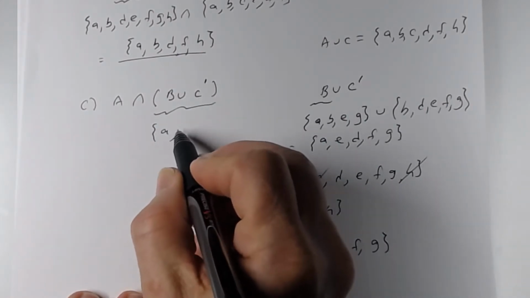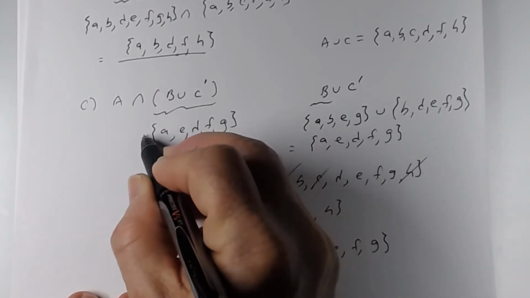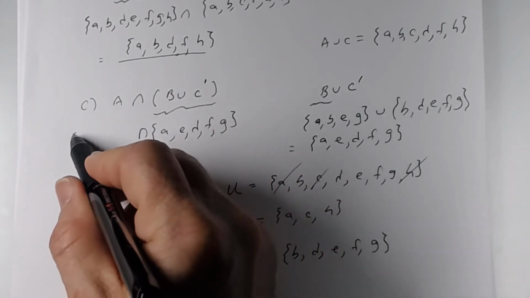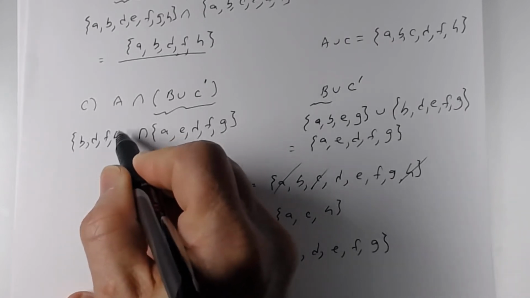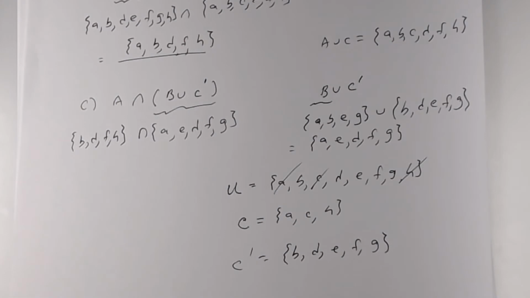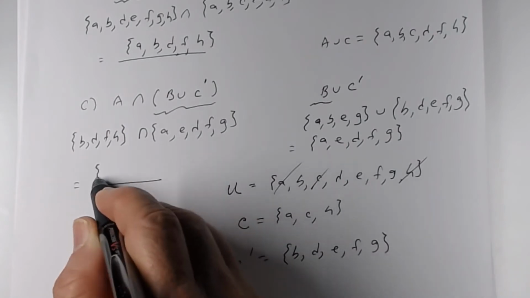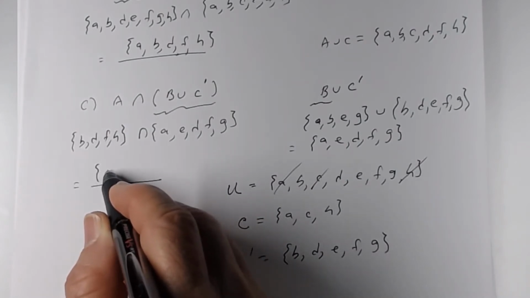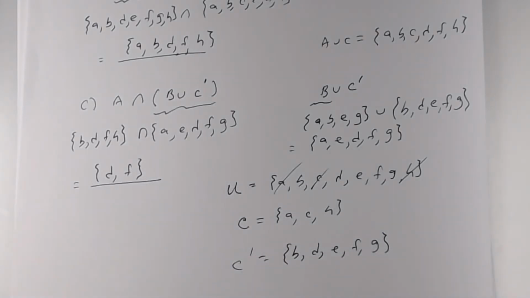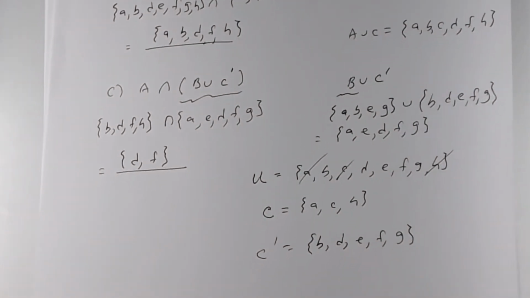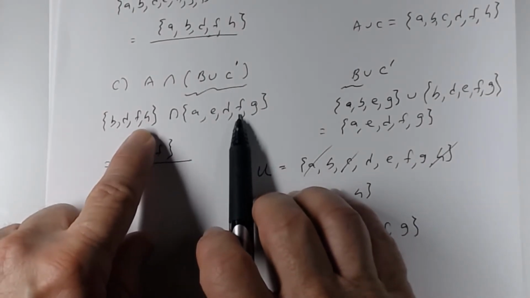But I need to intersect it with A. Well, what's set A? B, D, F, H. And so the answer to the original problem is what? Looks like just D and F, is that correct? D and F are the only elements that those two have in common. See right here? They both have D's and they both have F's.